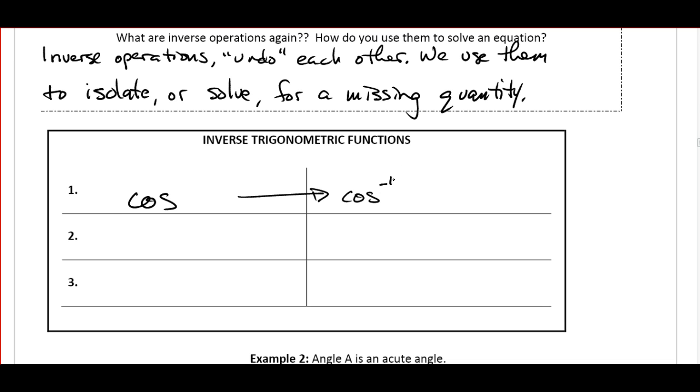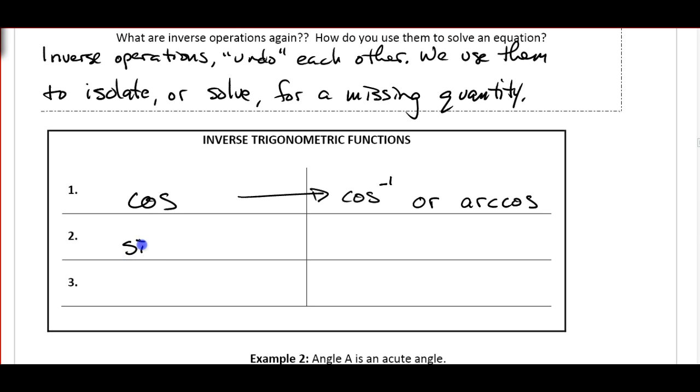For multiplication, the inverse operation is division. For squaring something, the inverse operation is to take the square root. But for cosine, the inverse operation is cosine inverse, or sometimes you'll see it as arc cosine. Two different notations. Most of the time we'll use the first one, cosine inverse, but I want to let you know about that other notation in case you see it.